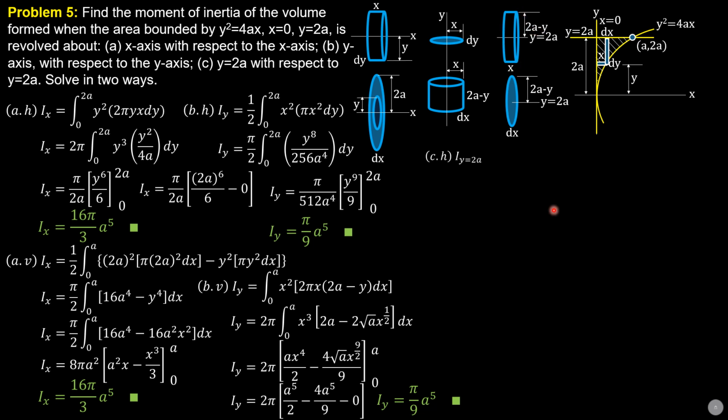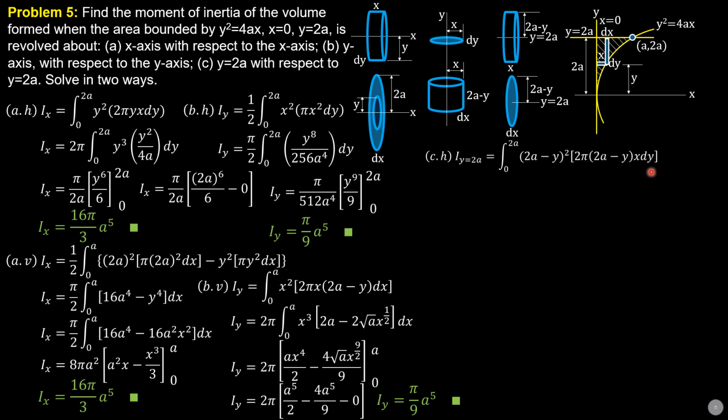dy. So I with respect to y equals 2a, considering horizontal strip, integral 0 to 2a, radius squared 2a minus y squared, differential volume is circumference 2 pi times 2a minus y, length x, thickness dy. Not shown, but it's dy.